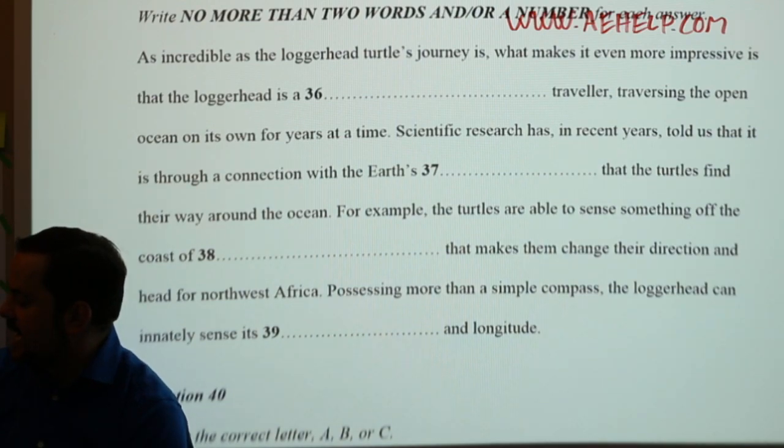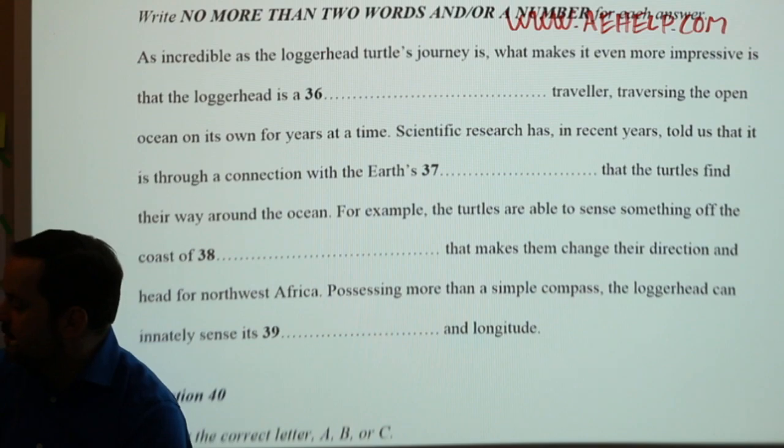Scientific research has, in recent years, told us that it is through a connection with the Earth's something that the turtle finds their way around the ocean. For example, the turtles are able to sense something off the coast of something that makes them change their direction and head for northwest Africa.